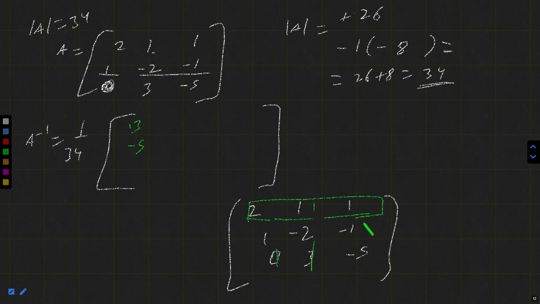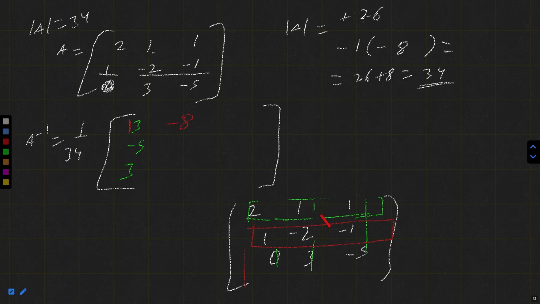Now eliminate this, I have 3. Okay, so far so good. Now for second row and first column, this will be minus 5 and minus of 3, it will be minus 8.